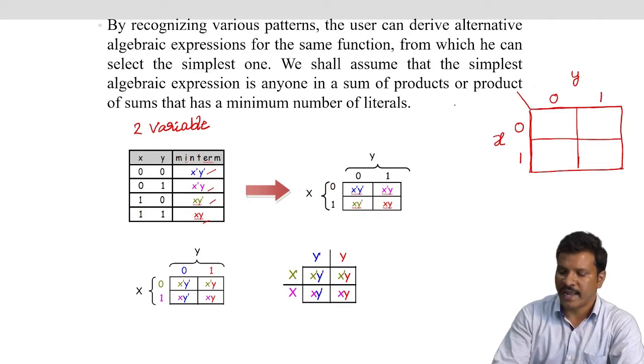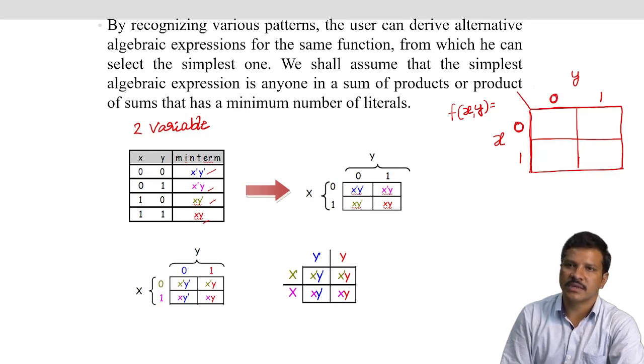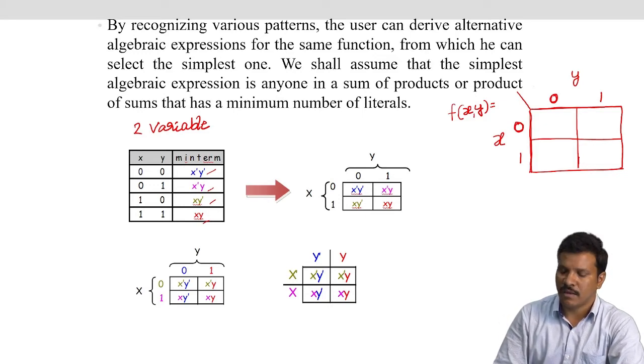When we take the sequence, we follow the reference f of x, y, where x comma y is the function. So we take the starting variable as x and then y. We take x equal to 0 and y equal to 0. The first row of square boxes in the horizontal and the first column in the y direction is represented with 0.